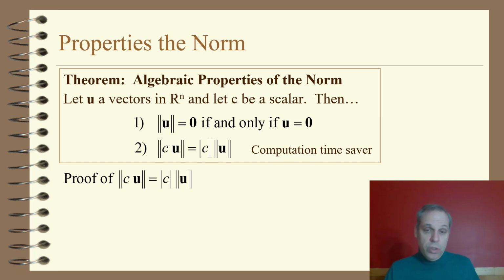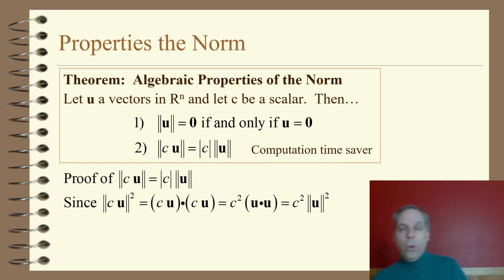I'll do it just using the properties we already have. So I'm going to prove that the length of a scalar multiple of u is the absolute value of the scalar multiple times the length of u. And then I'll show you how to use it. Notice, by definition, that the length of the vector cu squared is just the dot product of that vector with itself. But with scalars, we can move scalars all over the place because of the properties of the dot product.